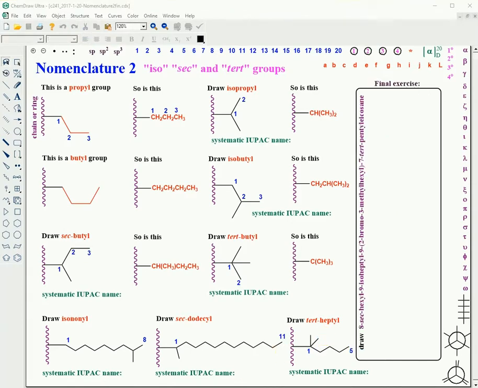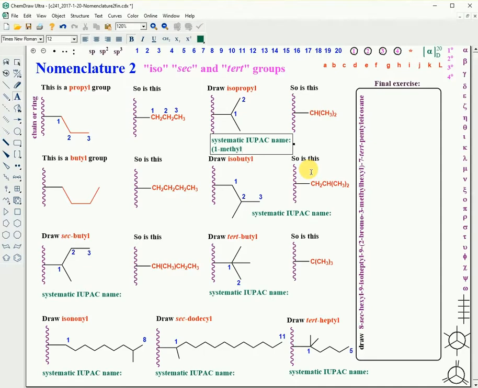There's an alternate naming system for branched groups. It's the systematic IUPAC naming system. You must begin with a parenthesis because you're going to put a number here indicating where the branched carbon is sticking off, and it's off of 1.